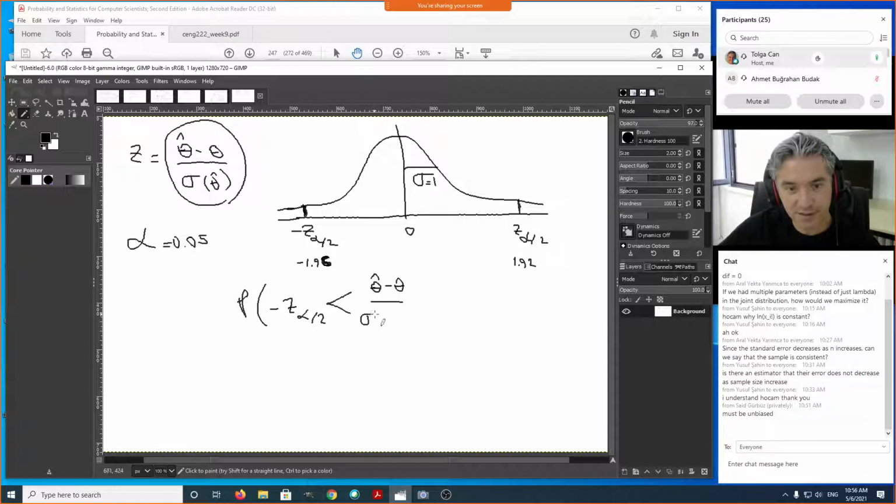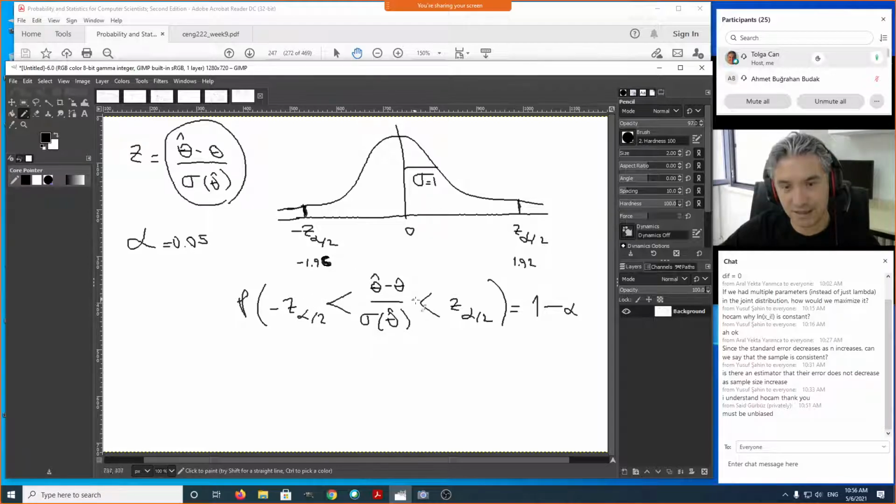So this is my standard variable, right? The probability that it is between these two things is equal to what? It's going to be equal to 1 minus alpha.